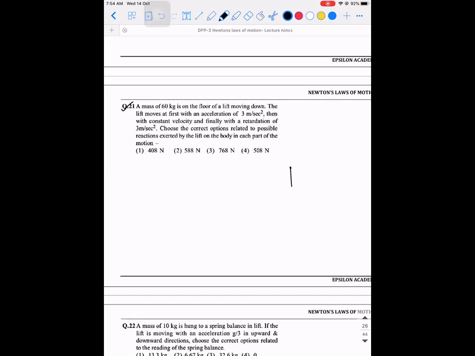So there is a man, there is an elevator. There is a reaction force exerted by the floor. There is mg in the downward direction. So first case, what is happening?